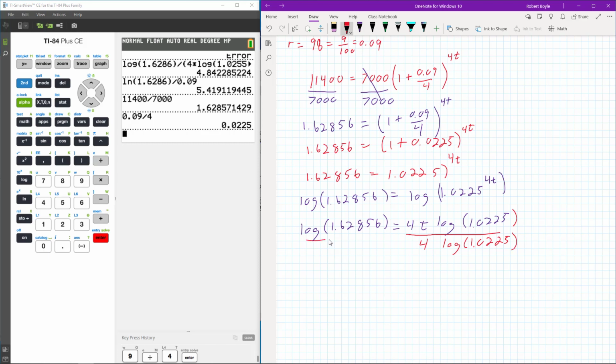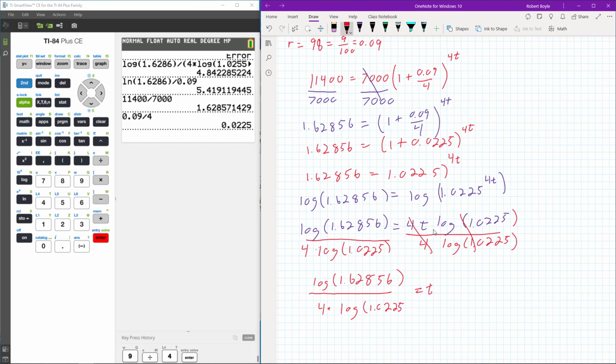And of course we had to do the exact same thing over here to maintain the equality. Of course these cancel. We will have the log of 1.62856 divided by the quantity 4 times the log of 1.0225 is equal to t.